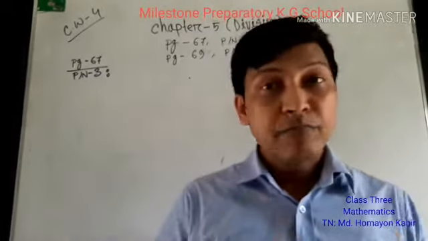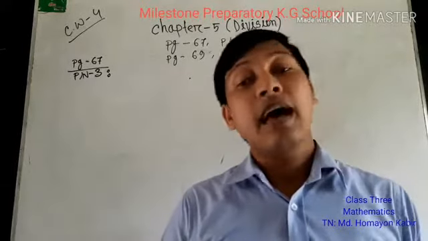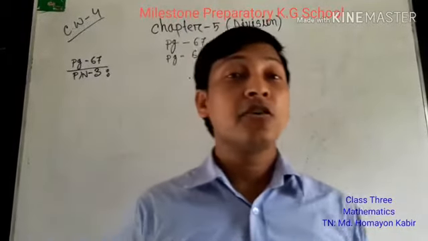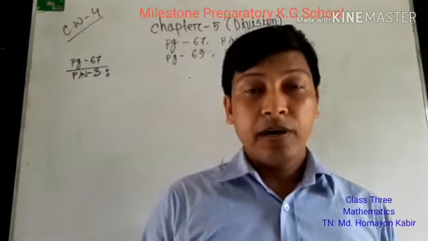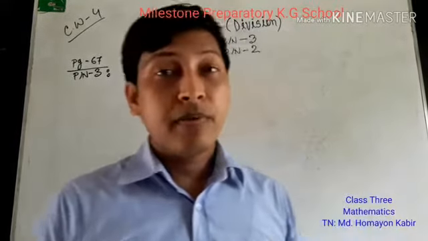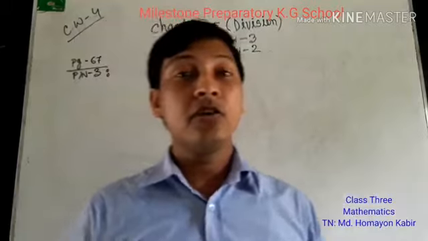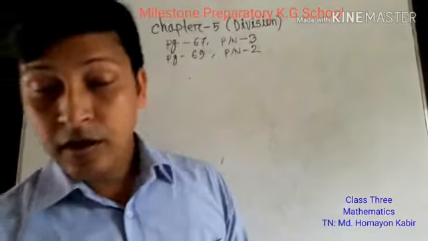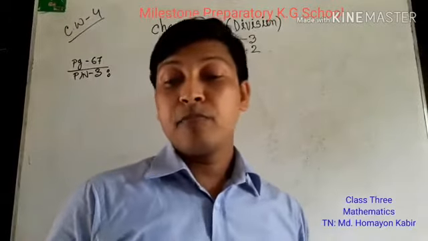One is the information part and the other is the asking part. Okay, so let's go students. Take out your book and copy. Understand? Page number 67, problem number 3.